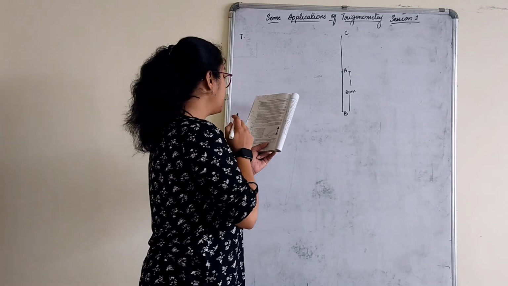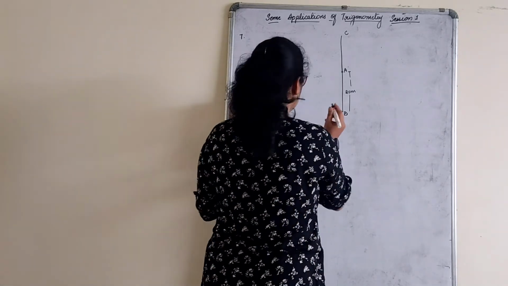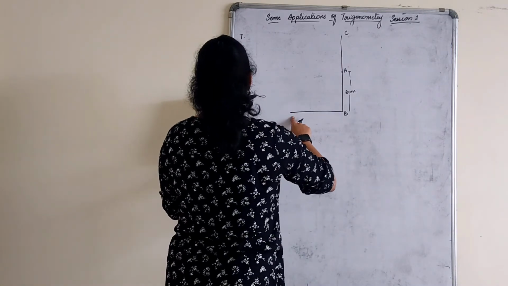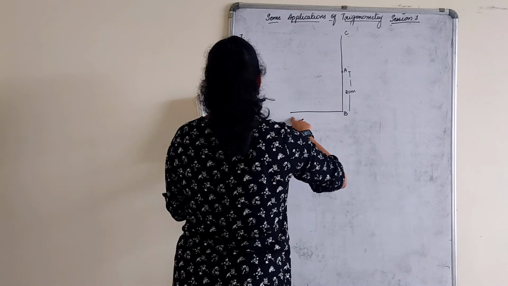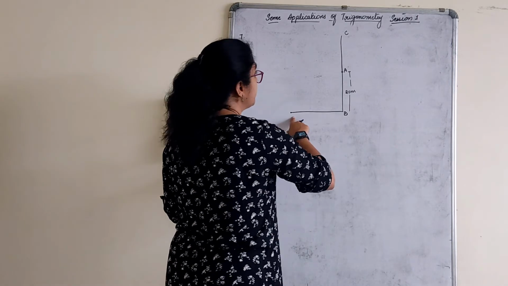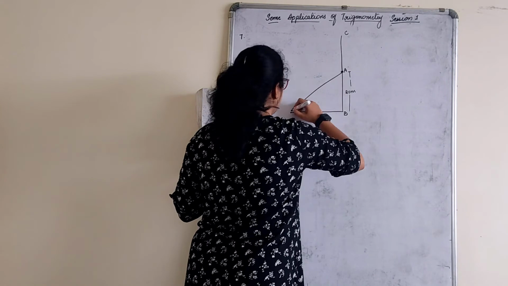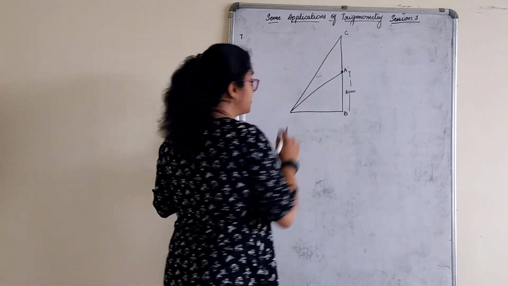Now read again. From a point on the ground, okay, this is the ground point. From a point on the ground, the angles of elevation of the bottom and top of the transmission tower. This is the bottom of the transmission tower. And this is the top of the transmission tower, correct?